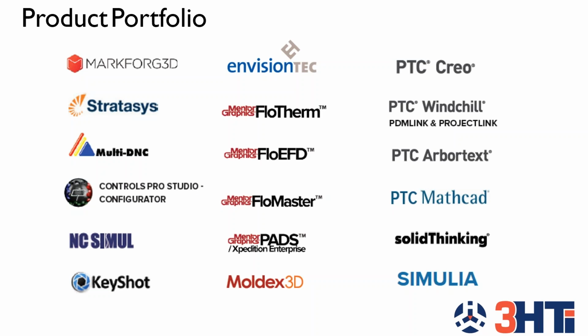Controls Pro Studio automatically allows you to turn your mechanical CAD software into a configurator. NC Simul lets you simulate NC toolpaths after they've been post-processed with the machine. Keyshot is a rendering software that allows people to create videos and realistic renderings.